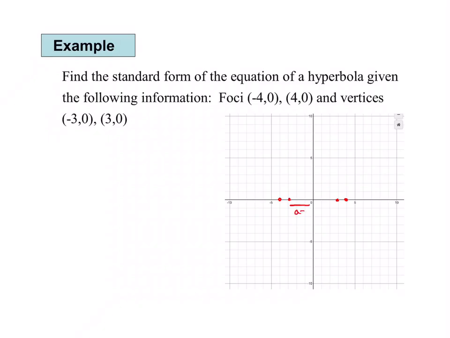So we know that a equals 3, and we know that c equals 4, and we know that c squared equals a squared plus b squared. So we know 16 equals 9 plus b squared, so b squared must be 7.